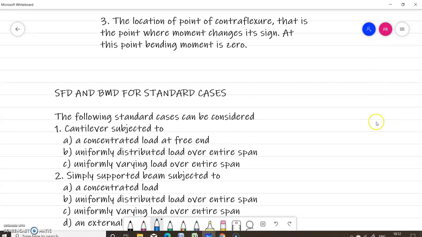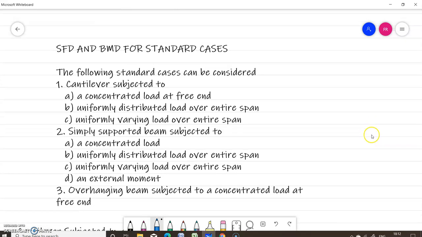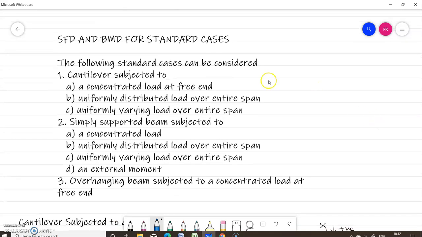Okay. Now you have to first draw the shear force diagram and bending moment diagram for standard cases. You have to represent shear force diagram in short form as SFD and bending moment diagram as BMD. So you have to consider the following standard cases.